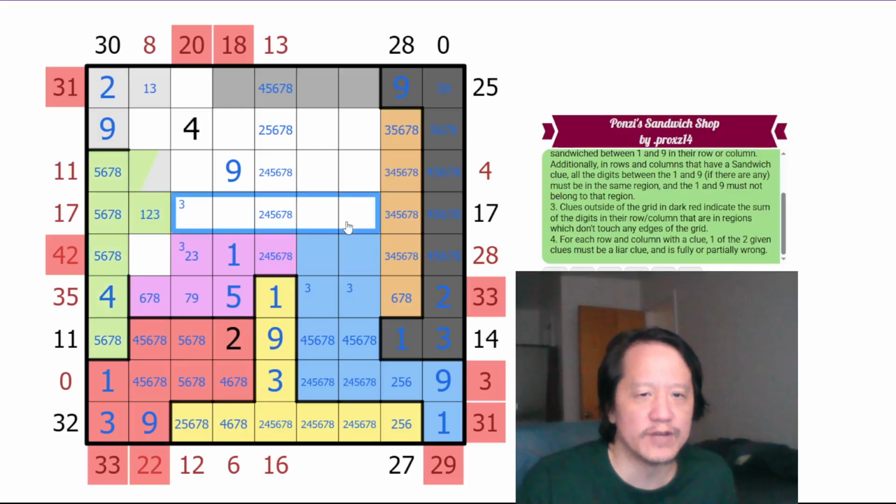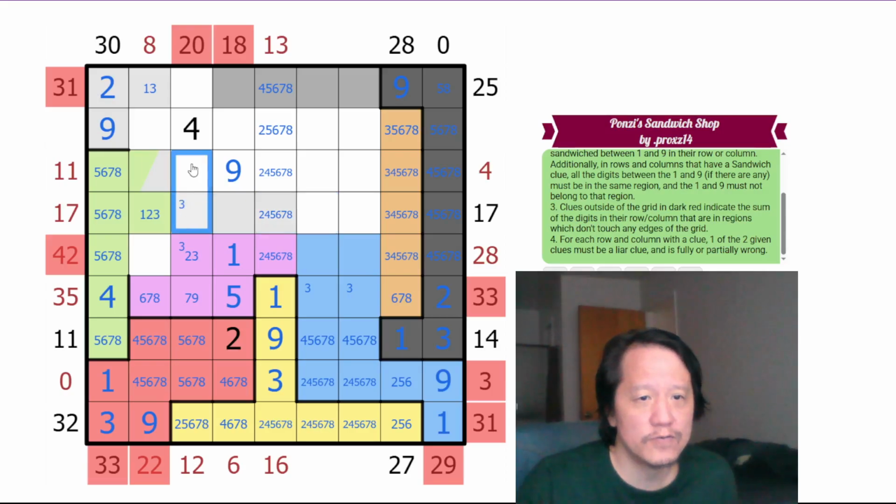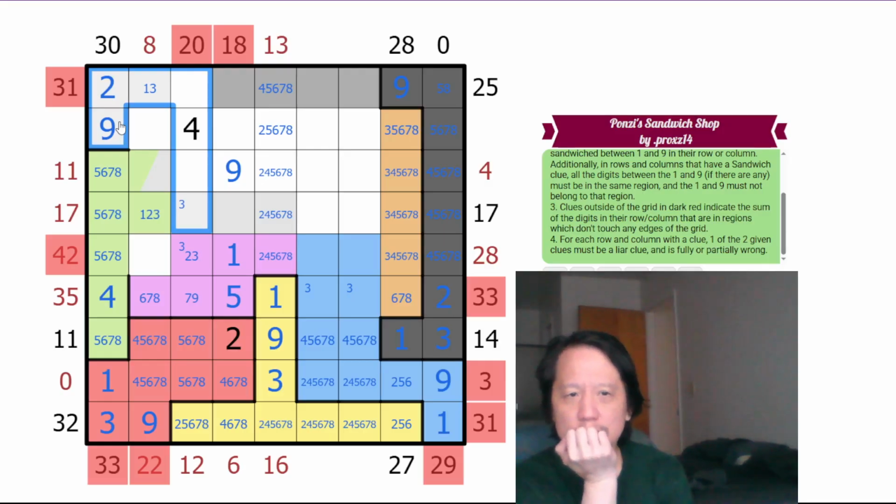So we don't even have 15 left in between for the sandwich. So couldn't it be green? Could it be medium? Or sorry, light? 1, 2, 3, 4, 5, 6, 7, 8, 9. It's possible.